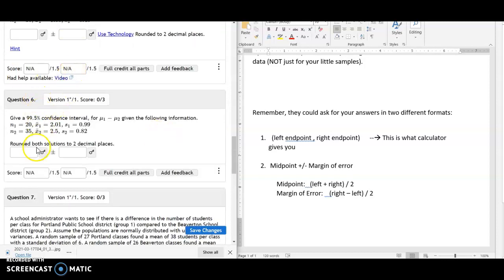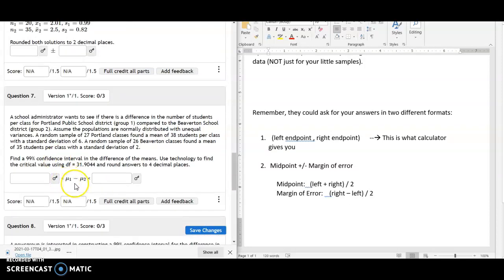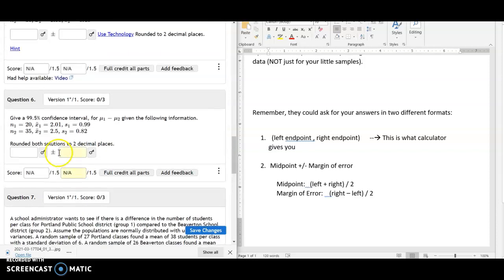Question 6, here they're asking you for a slightly different format. See how this has that plus or minus in the middle? As opposed to number 7, where there was no plus or minus in the middle. If they're giving you a plus or minus, they want you to write it this way: midpoint plus or minus margin of error. Just to remind you, I jotted this down.